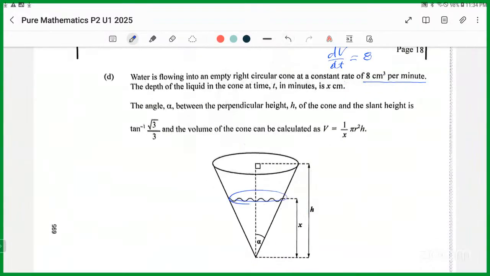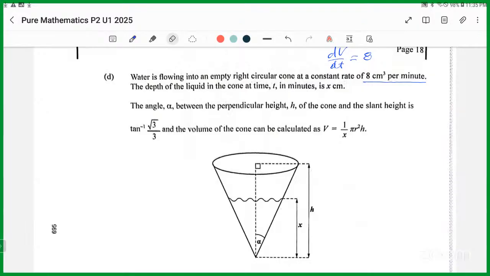This is the liquid. That is not the liquid. It says the angle alpha between the vertical height h, that's this alpha here, and the slant height of the cone is inverse tan of root 2 over 3.